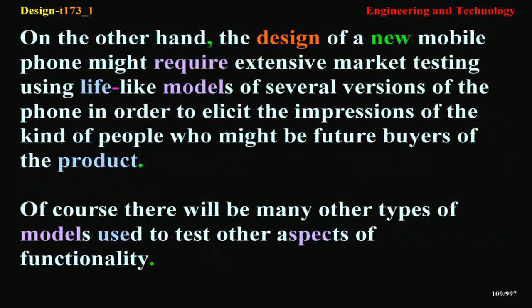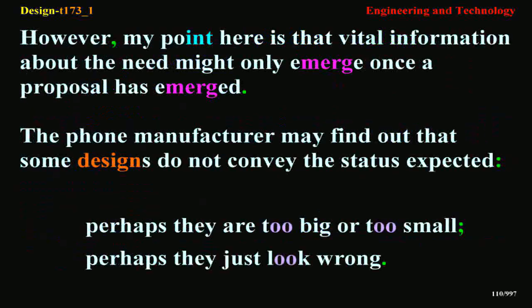On the other hand, the design of a new mobile phone might require extensive market testing using lifelike models of several versions of the phone in order to elicit the impressions of the kind of people who might be future buyers of the product. Of course, there will be many other types of models used to test other aspects of functionality. However, my point here is that vital information about the need might only emerge once a proposal has emerged.